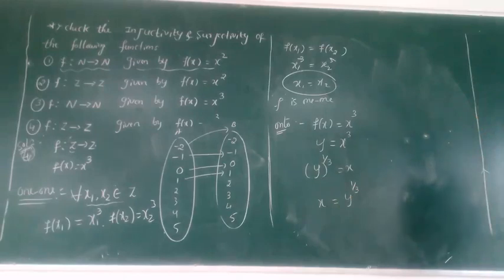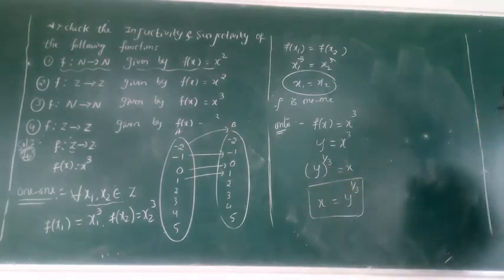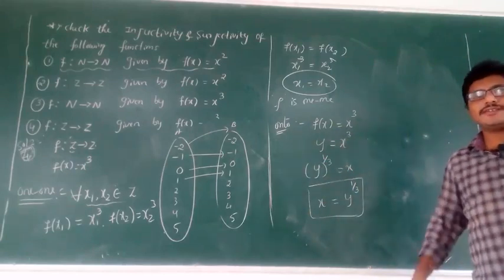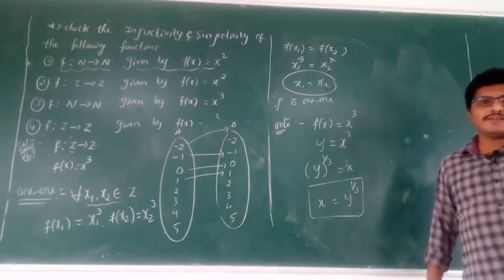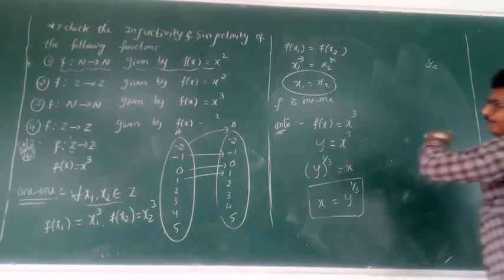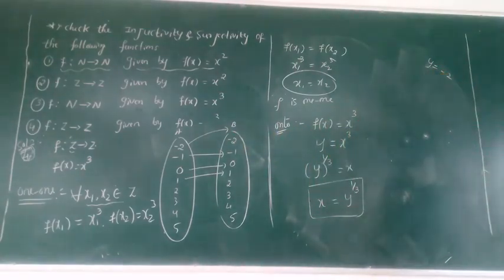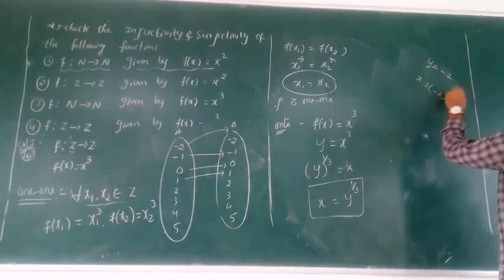Next, you have to check whether it is possible for set B elements to contact set A elements. Let us see whether the elements in set B connect with set A. Take y equal to minus 2, which was not contacted. Then x is equal to minus 2 raised to 1 by 3.